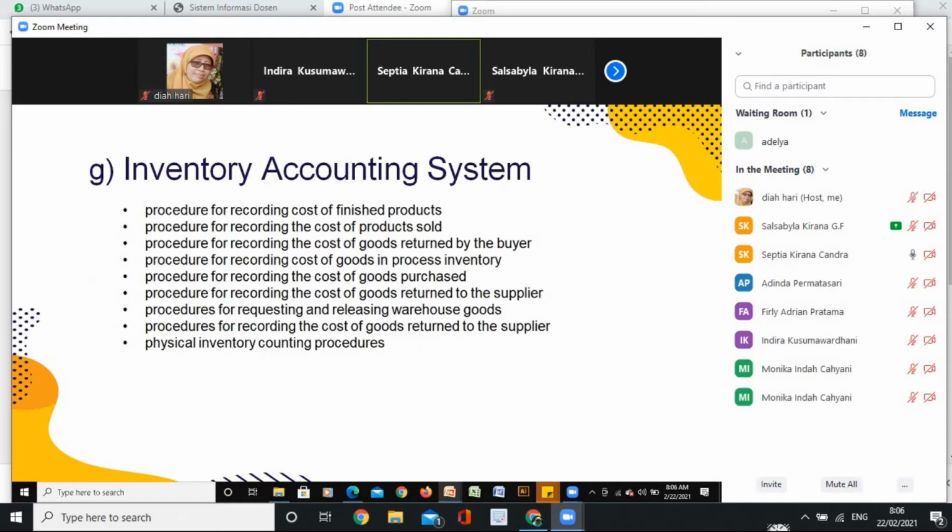Inventory accounting system. Inventory accounting system is designed to handle transactions that are concerned with the movement of inventory stored in the warehouse.